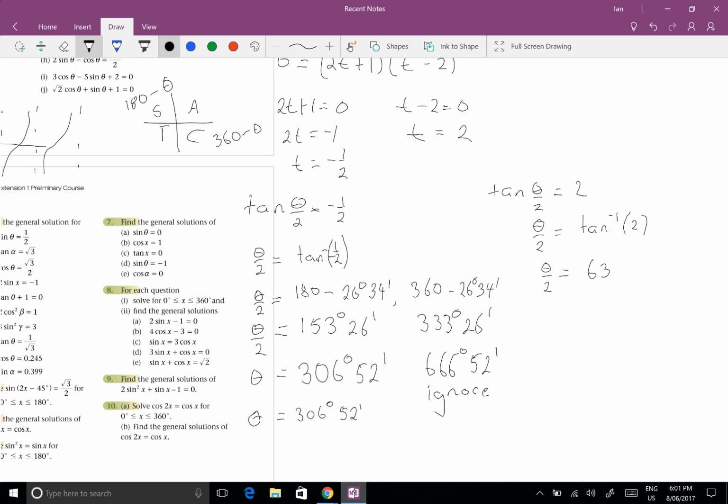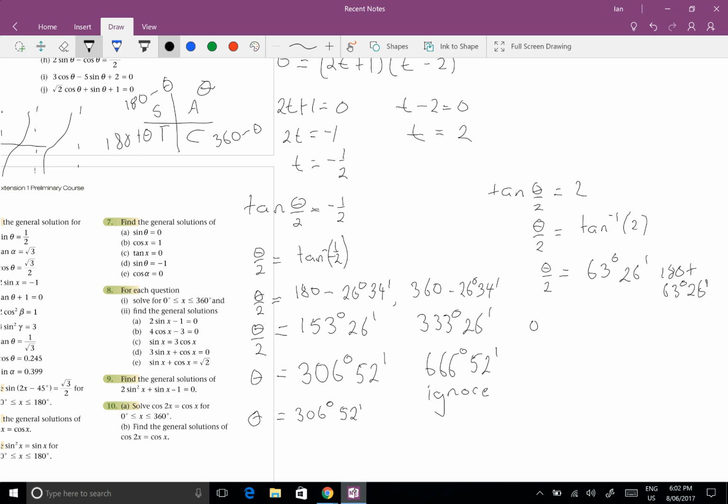Well, that sounds pretty familiar. 63 degrees, 26 minutes. But I also know there's another one, because look over here, I get the acute angle, and I get 180 plus the acute angle, because it can be positive there as well. So I better put that one in, just in case. So 180 plus 63 degrees and 26 minutes.